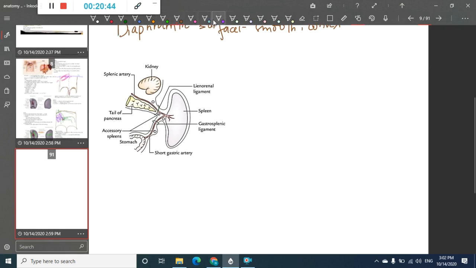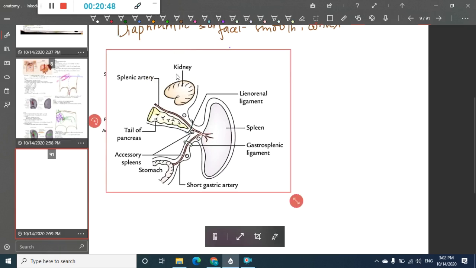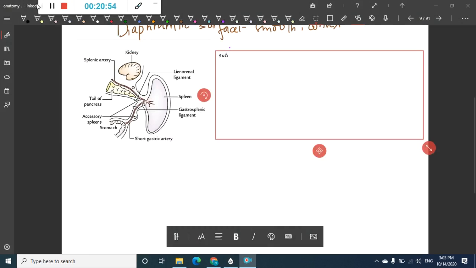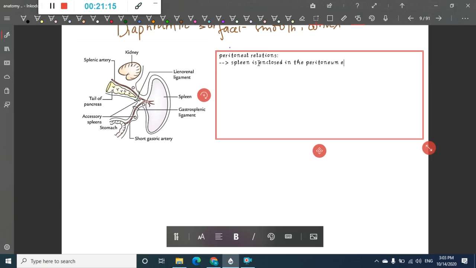If you see, the spleen is enclosed completely by the peritoneum, except at hilum. There is no peritoneum seen in the hilum.